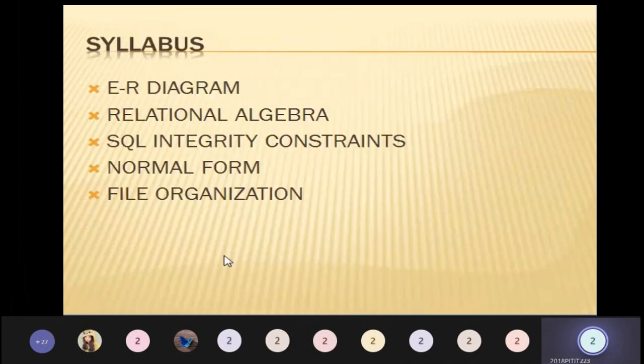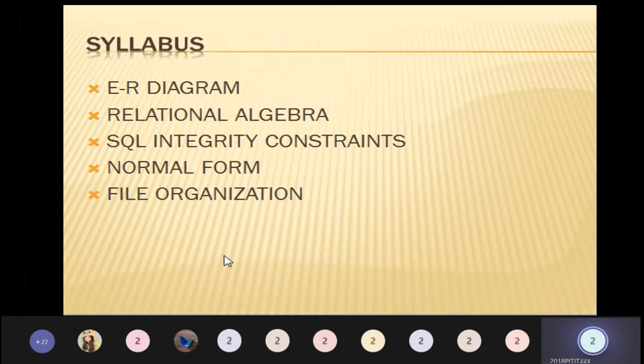In a database system, we have to see the ER diagram, relational algebra, SQL, integrity constraints, normal forms, and then file organization.